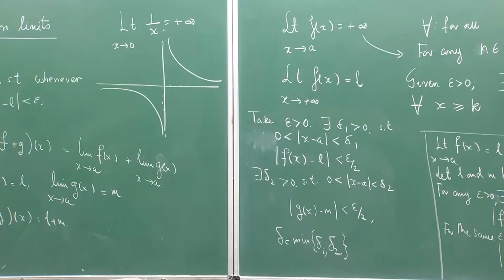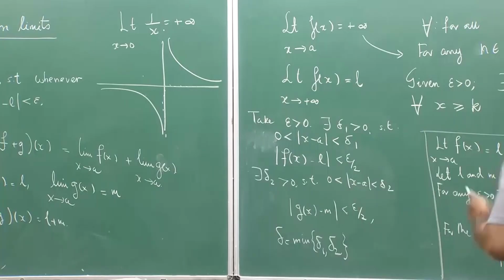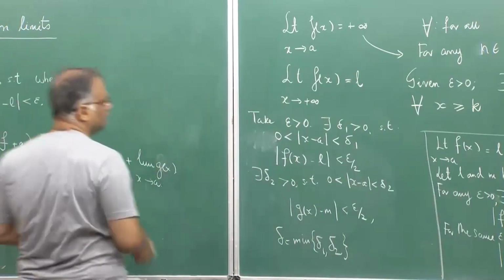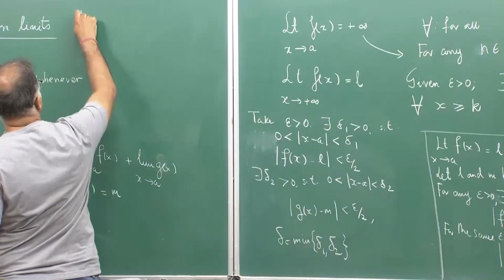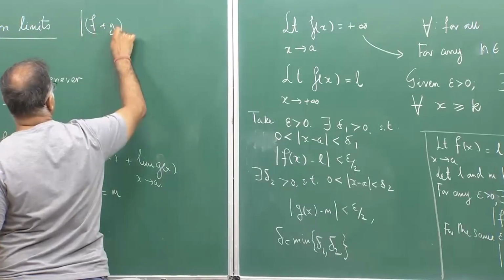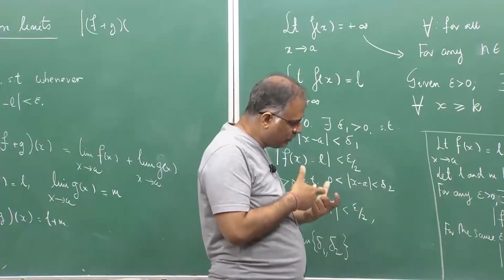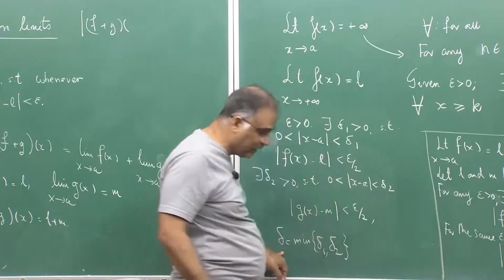So now you have a very simple job left to do. It's just basically some algebraic manipulation. So now we have x minus a, when x is lying between a plus delta and a minus delta, where delta is this one.